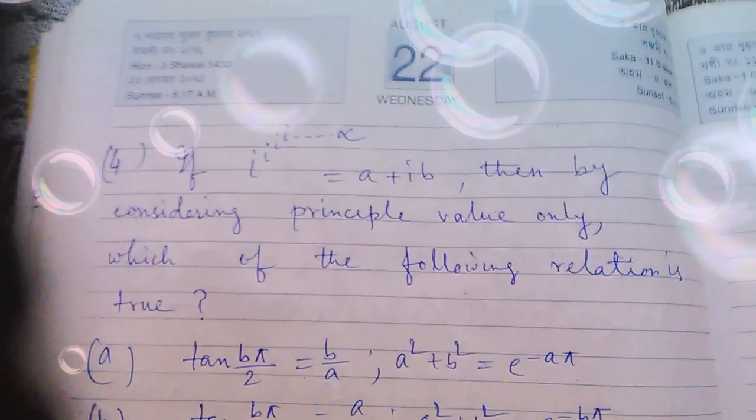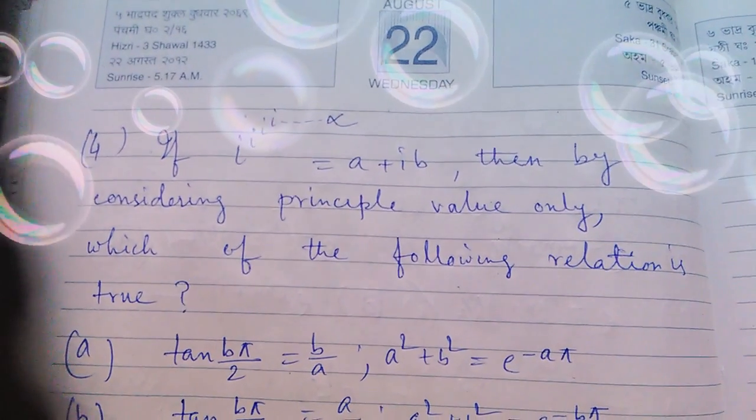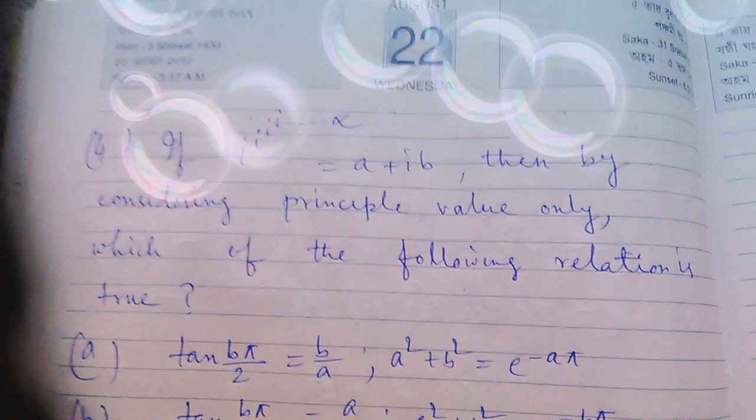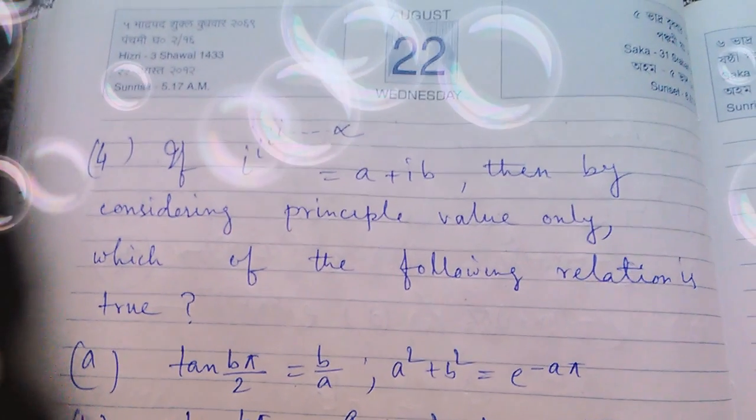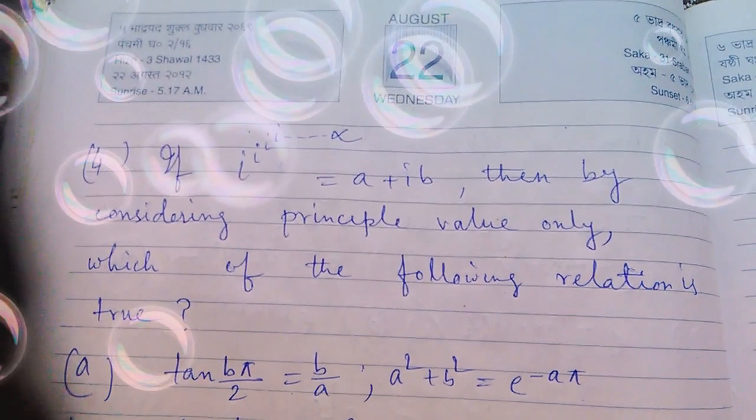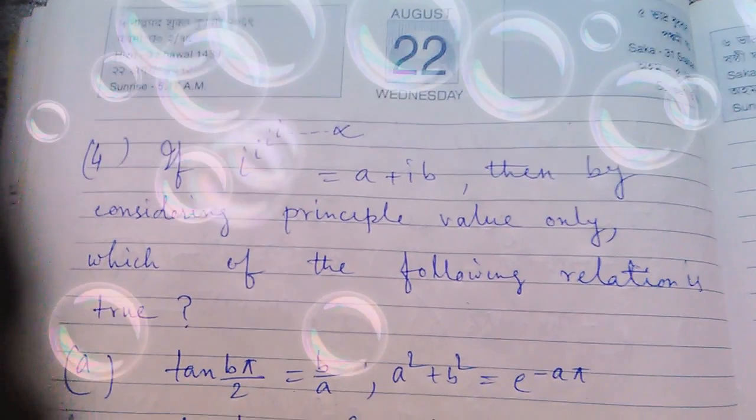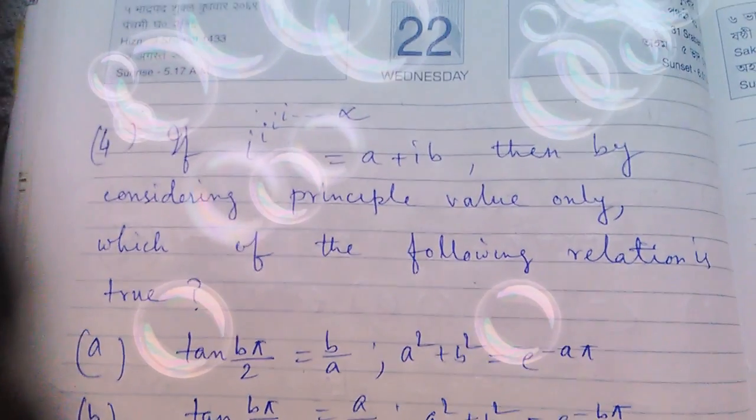Now the fourth problem: if i to the power i to the power i, dot dot infinity, if it happens and it will be equal to a complex number a plus ib, then by considering the principal value only, which of the following relations is true?